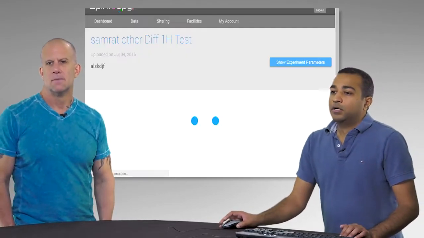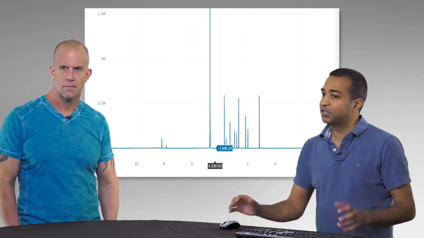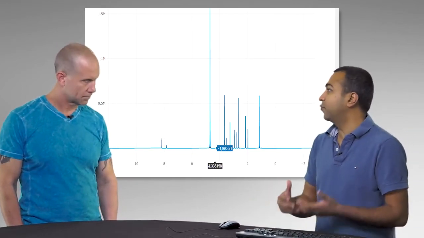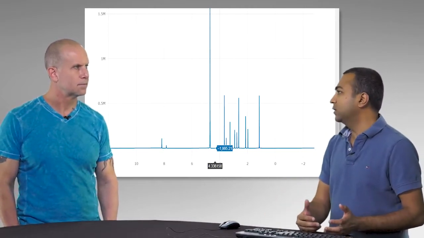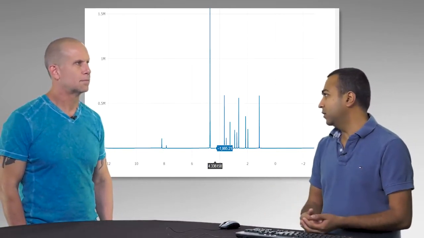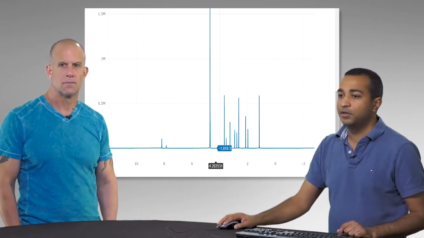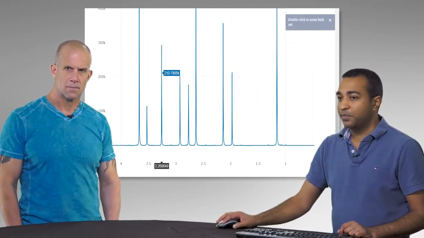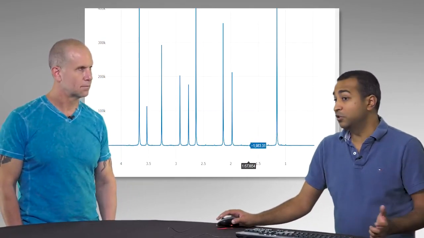Yeah. On 1D experiments, you can click that button, come in here, and quickly view your data. This is useful if you're doing some routine stuff and you just want to make sure you ran or made the right thing without actually downloading it and importing it into MNOVA or Topspin or any of the other programs. You just click a button, see your spectrum, and it has some basic functionality, like you can zoom in and look at peak positions and get a general idea of what your spectrum looks like.